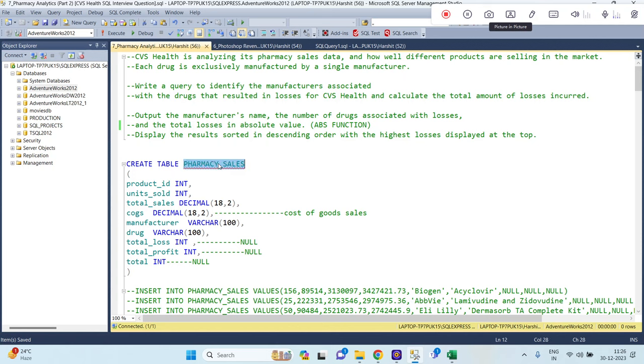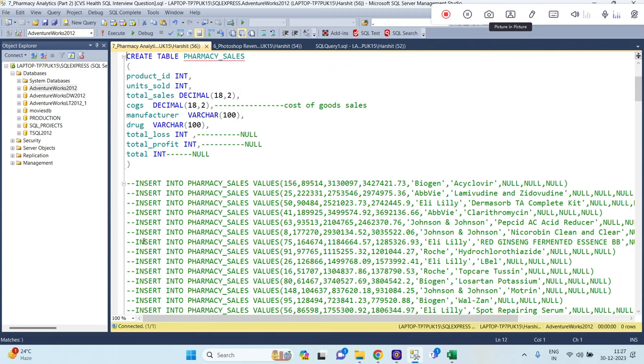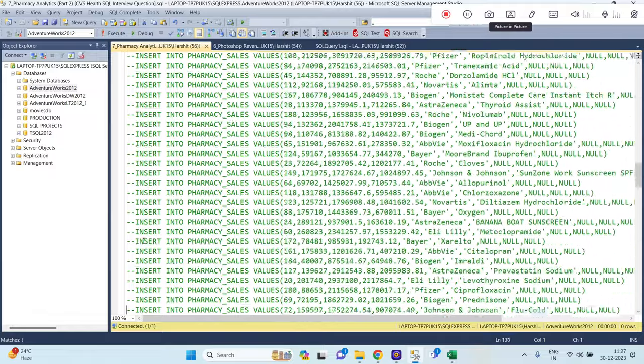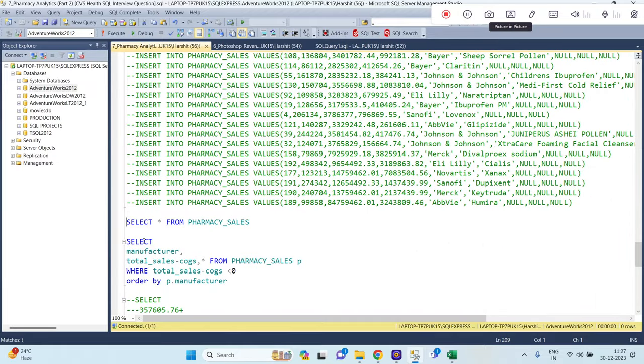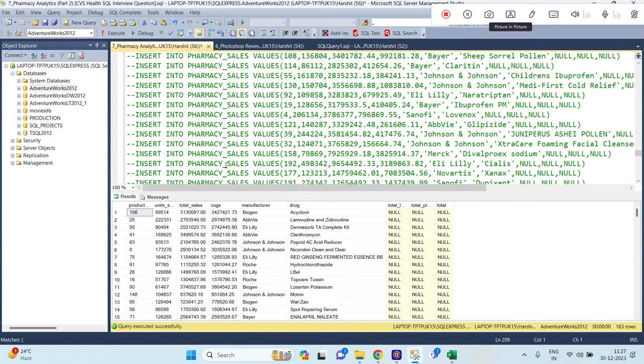So here I have the pharmacy sales table in which product ID, then units sold, total sales and COGS means cost of goods sold, manufacturer, drug, and these three columns are actually not required as of now. Now I have already created this table and inserted the data into it. Now let me select the data from this table. Select star from pharmacy sales.